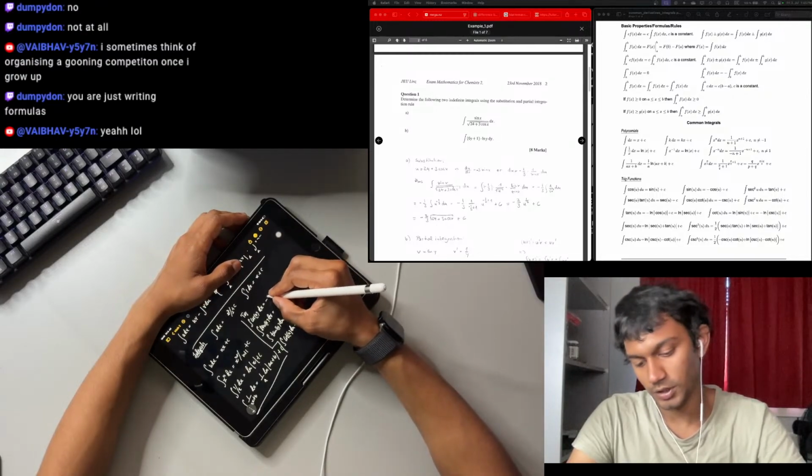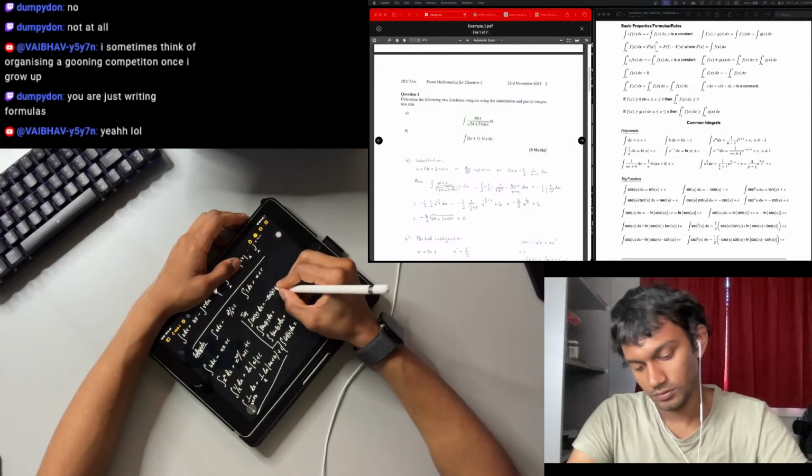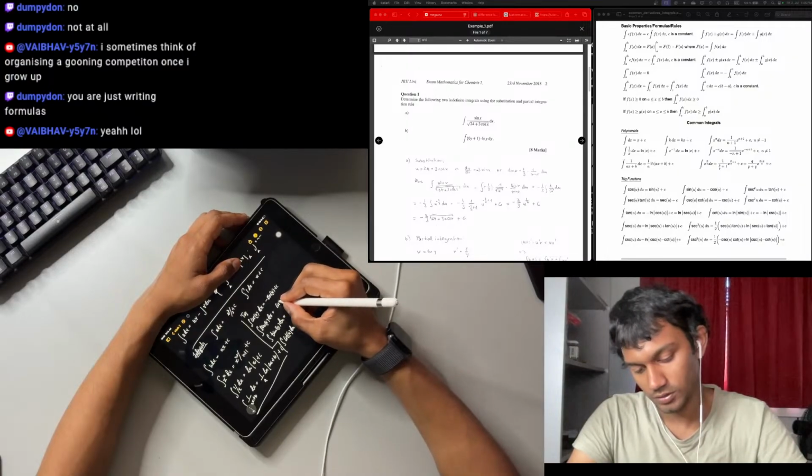Integral cos x equals sine x plus c. Integral sine x equals minus cos x plus c.